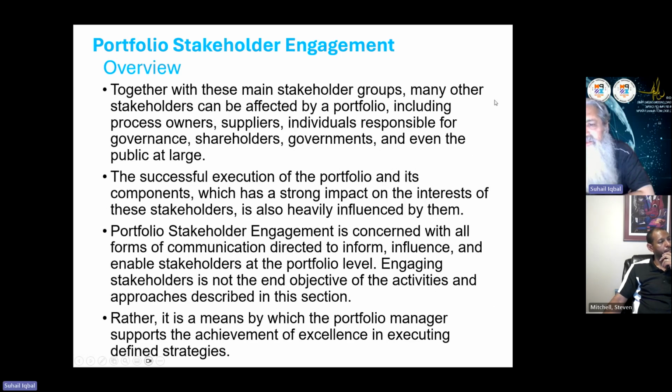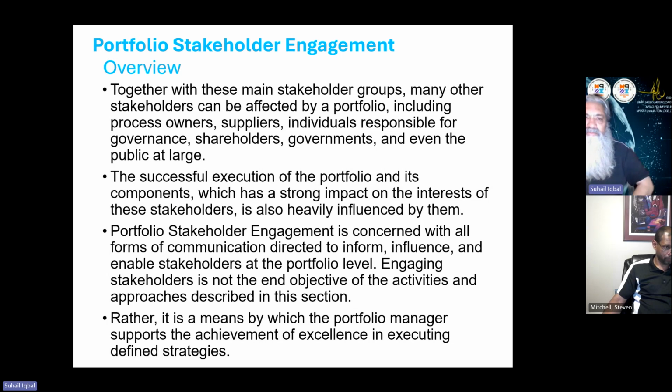Together with these main stakeholder groups, many other stakeholders can be affected by a portfolio. Process owners, suppliers, individuals responsible for governance. You see, we have never talked about governance when we talked about the stakeholders. Governance was never a subject.